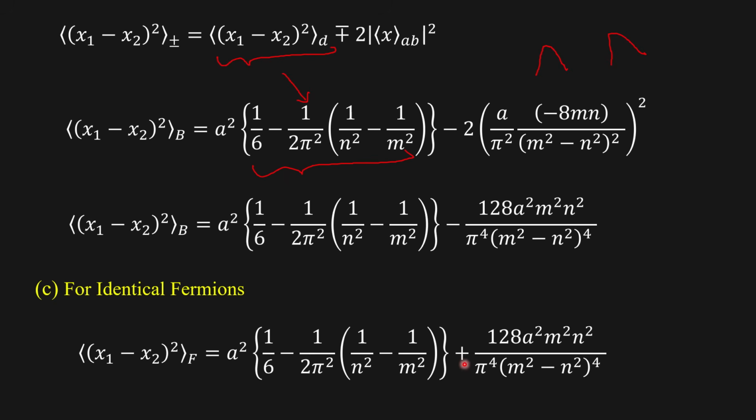Whereas for identical fermions, this distance you are adding, so they will move away. That is a repulsive force. You know very well that two fermions cannot have the same state, so they will go far away. That is a very interesting thing.